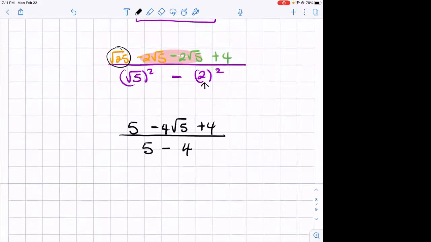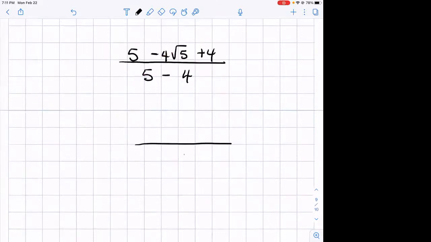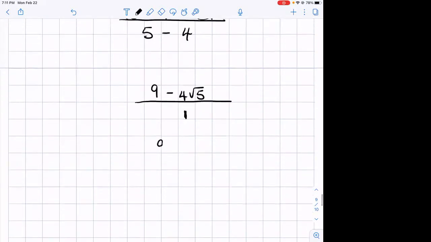So 5 minus 4 in the denominator, which is just 1. And in the top, we have like terms. 5 plus 4 is 9 minus 4 root 5 over 1. We don't need to write it over 1, so this is the same as 9 minus 4 root 5. And here is our final answer.